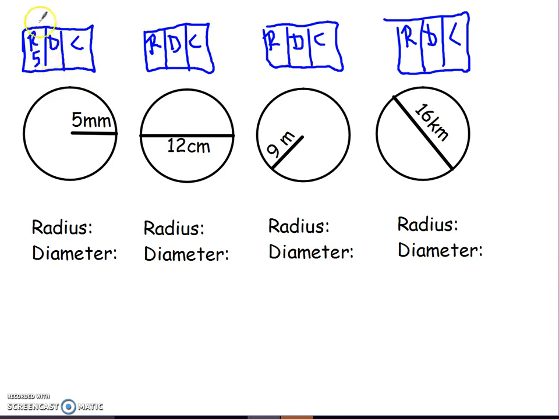It's going to go here. To go from radius to diameter, you multiply by 2. 5 times 2 is 10. So we fill in 5 and 10. This is the diameter because it goes all the way across. So to go from diameter to radius, we are going to divide by 2. 12 divided by 2 is 6. So we have 6 and 12. You are going to do this one and this one by yourself.